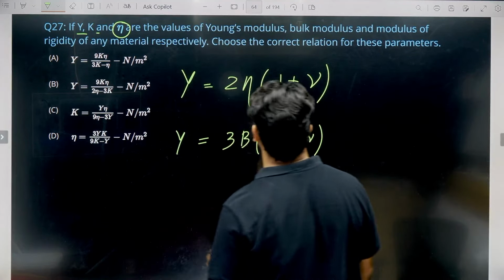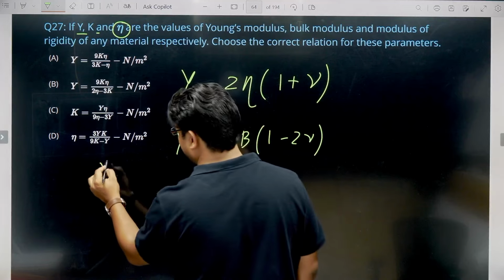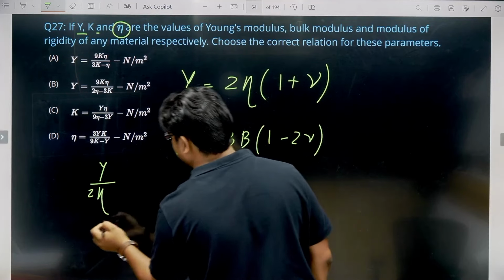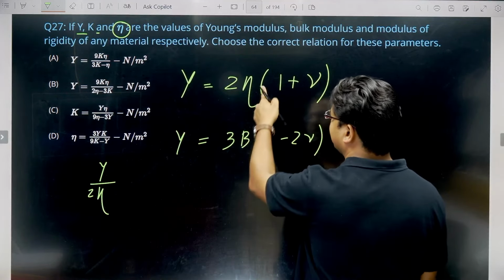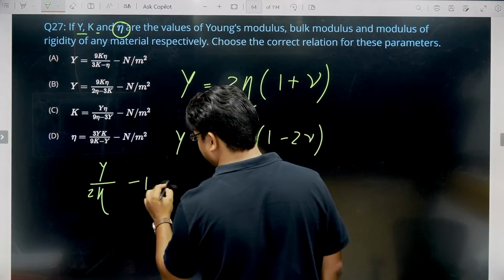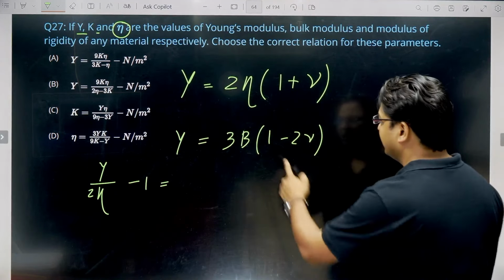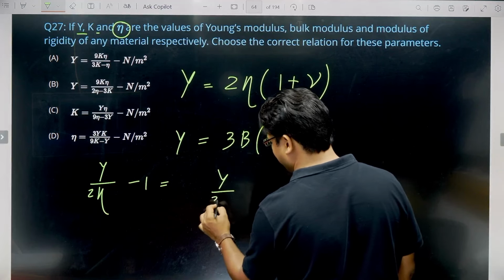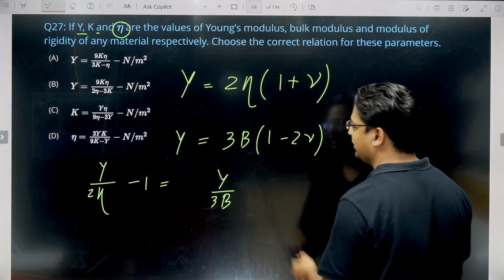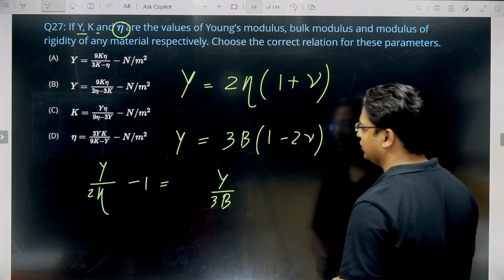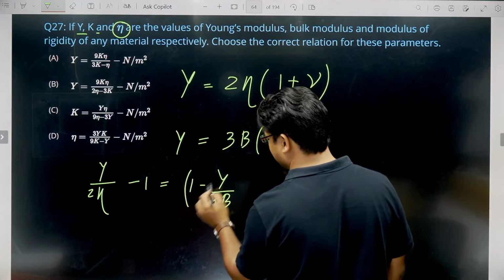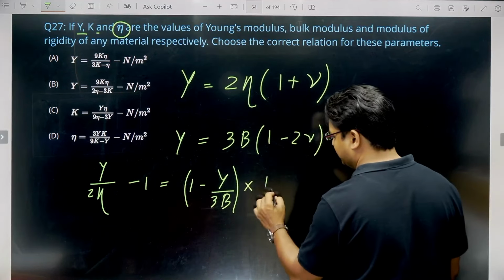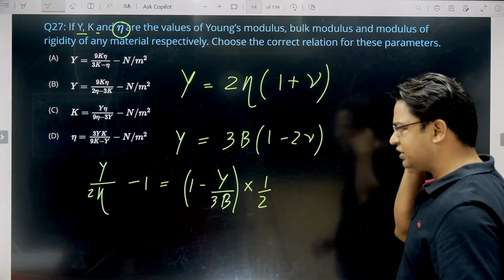If I eliminate Poisson's ratio from the first equation, I can write Y divided by 2 eta equals 1 plus nu. I subtract 1, so it becomes Poisson's ratio. From the other equation, Y divided by 3B equals 1 minus 2 nu, so 1 minus this becomes 2 nu upon 2. All right, so this is the relationship that we are getting.